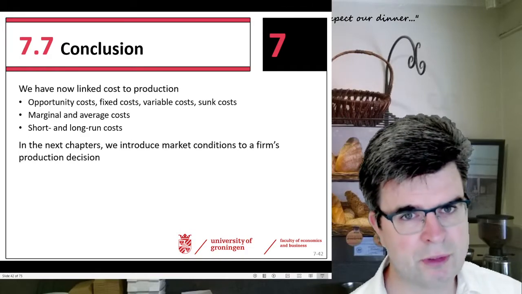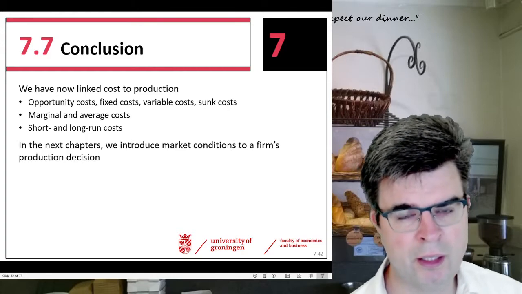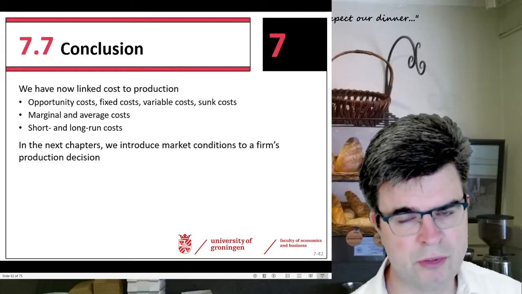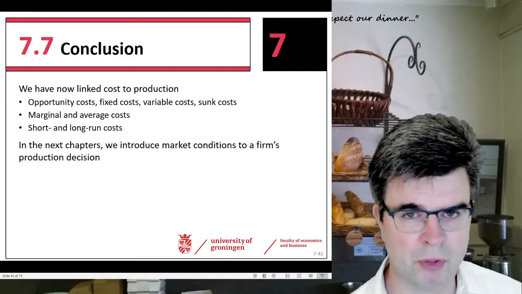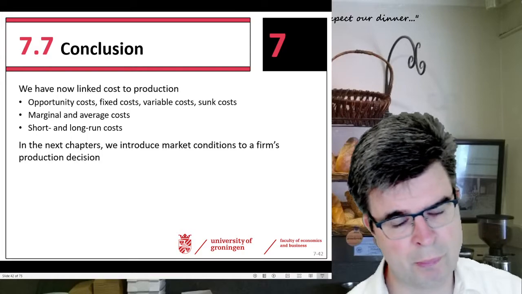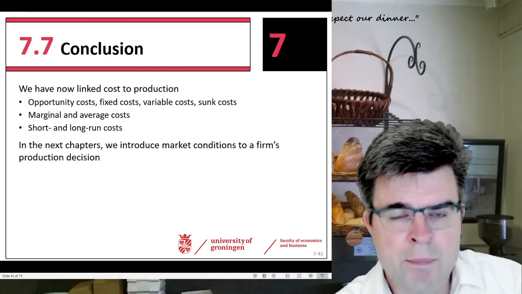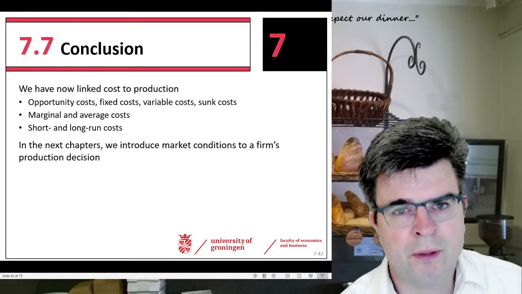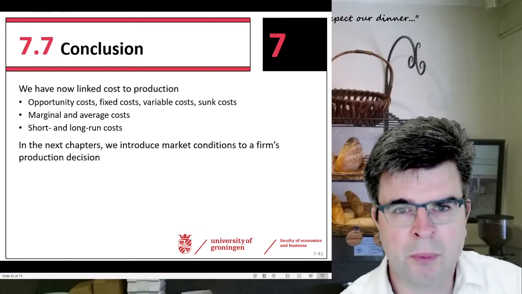In the next chapters, starting with chapter 8, we introduce the market conditions to the firm's production decision. In chapter 7, we only looked at what happens inside the firm, only taking the cost of the inputs, capital and labor, into account, but no further market exposure.